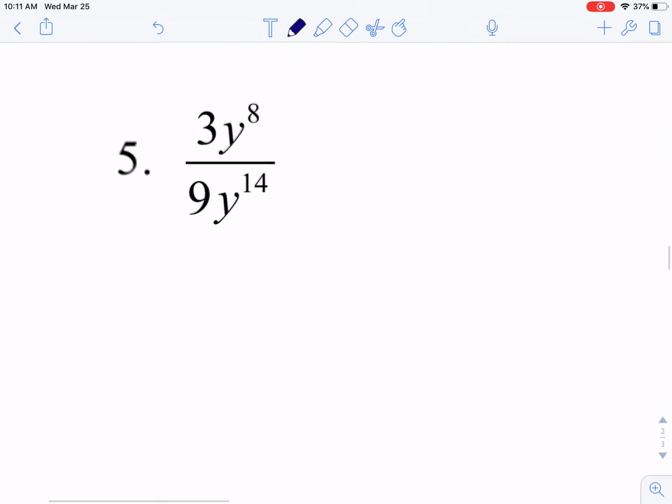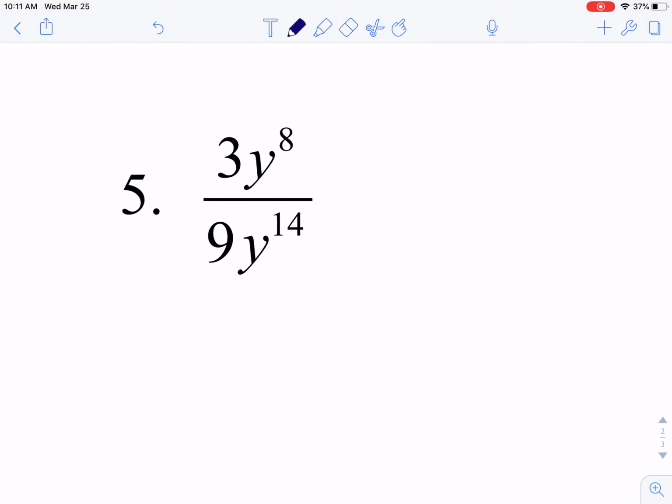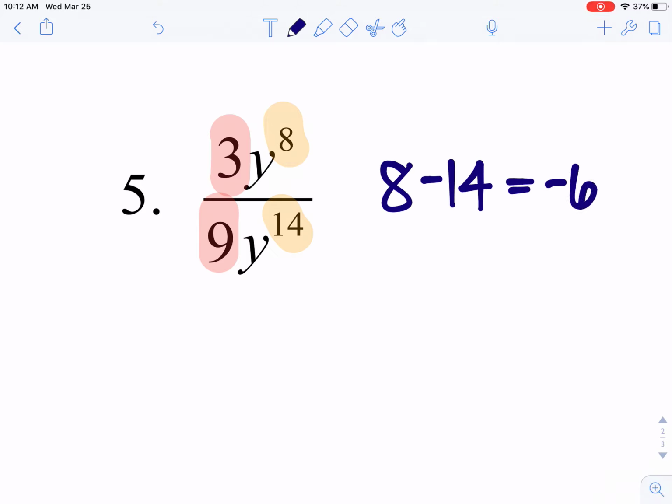Alright, here's the next one. Same idea. We're going to divide the numbers and then subtract the exponents. When we subtract the exponents, you'll see we get a negative value.